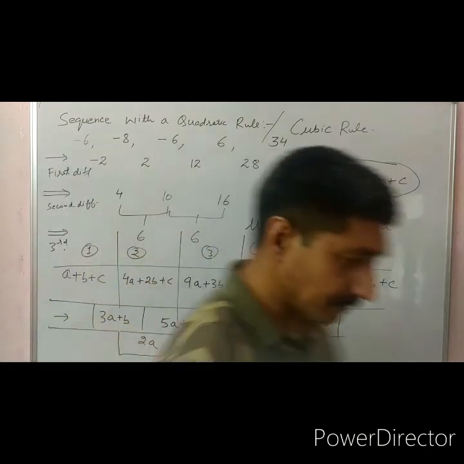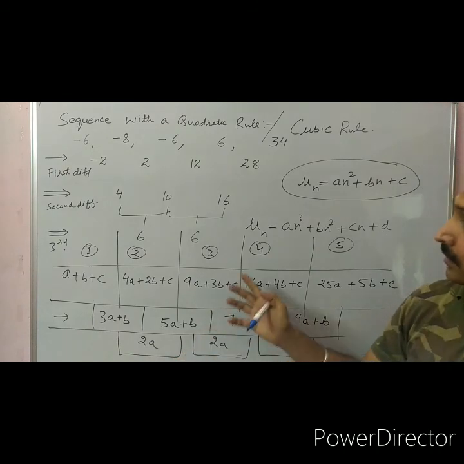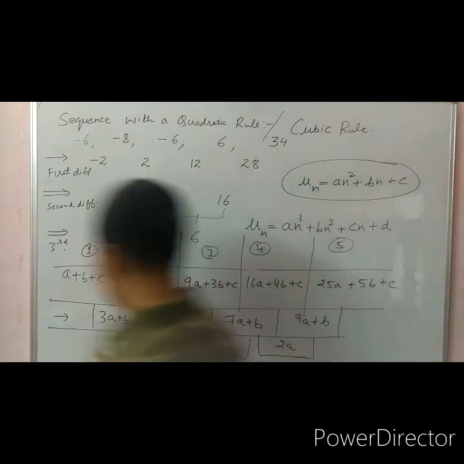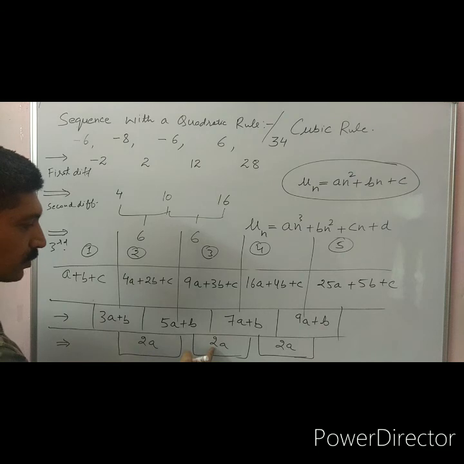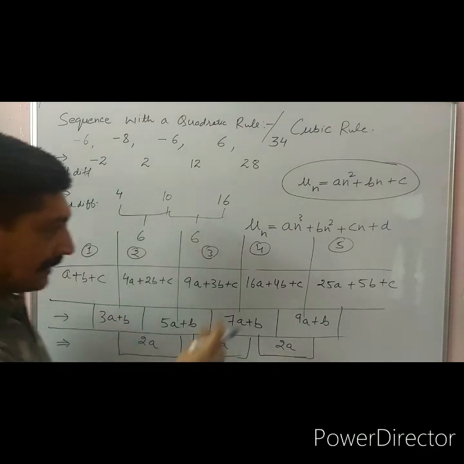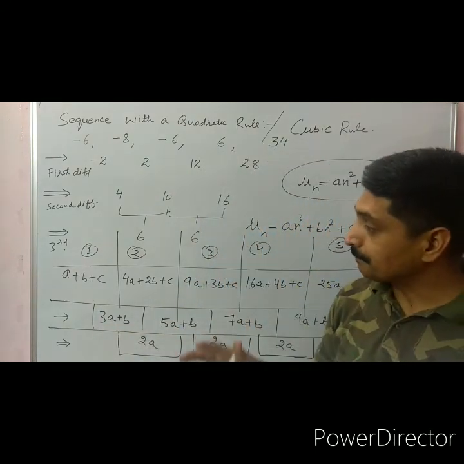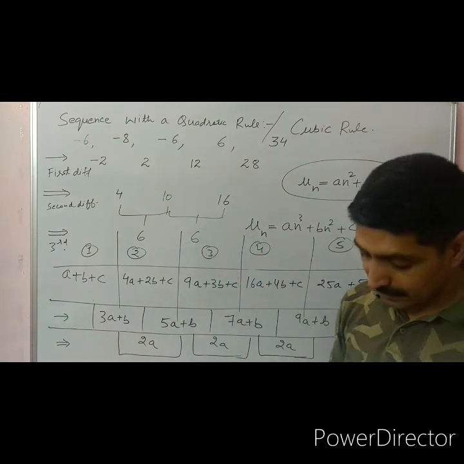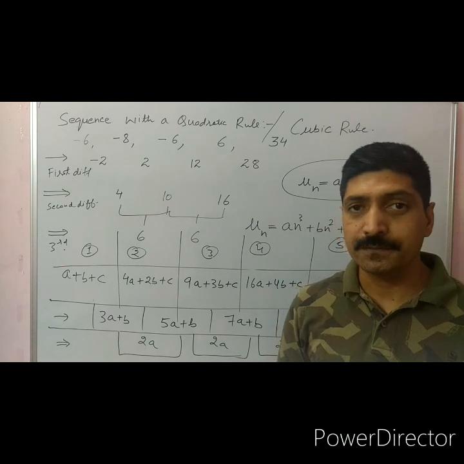So this is the rule for a sequence where the first difference is not equal. If the second difference is equal, 2a, 2a, 2a, we will make the table and, substituting the values, find the nth term of the sequence.